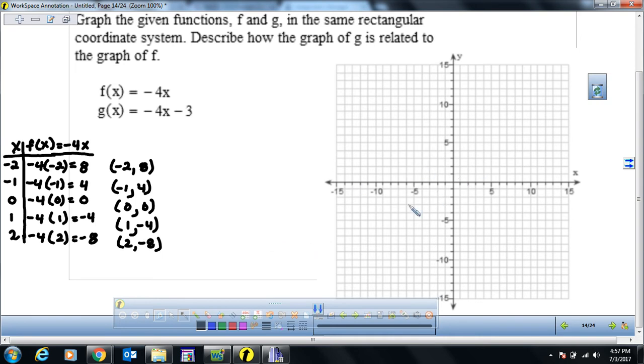So when we plot these points, -2, 8 goes up to +8. So -2 and +8 is here. Then -1 and +4. Then the next one, 0, 0. The next one, 1, -4. And the next one, 2, -8.